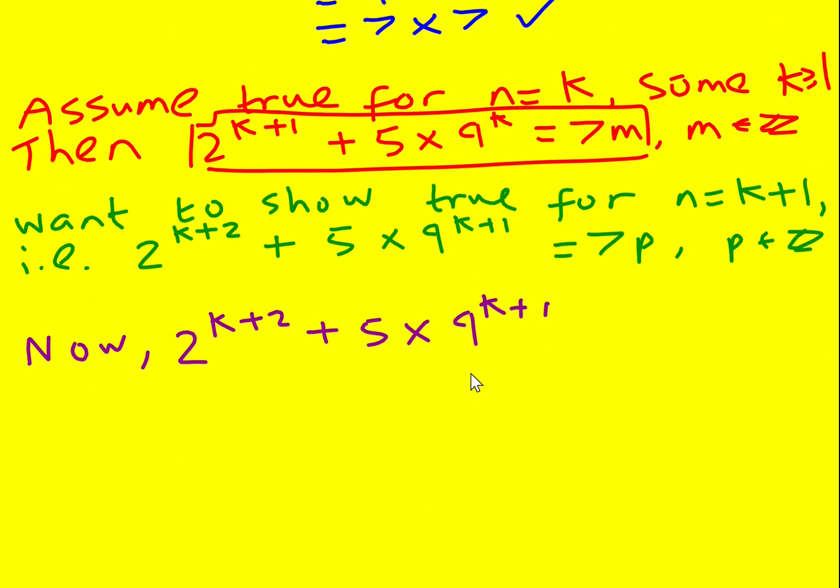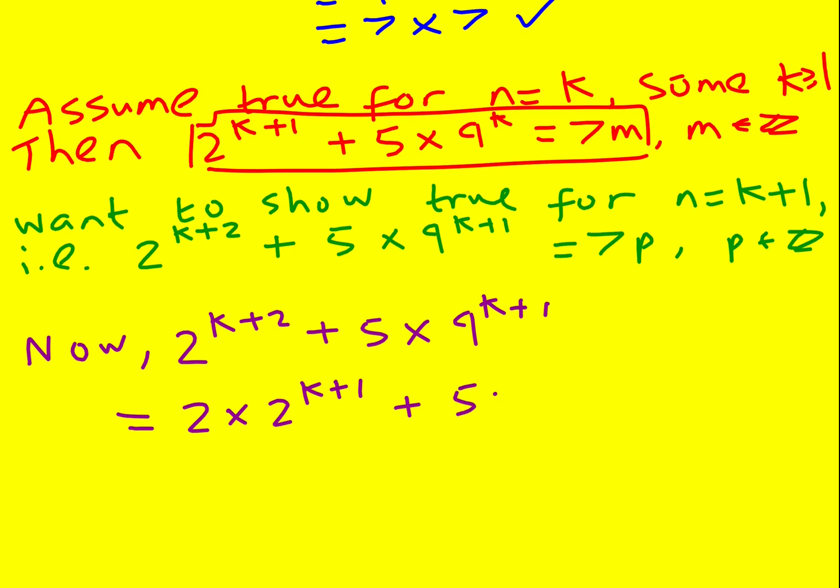Okay, the first thing to do then is try to get it in this kind of form. What I can do actually is I can write this as 2 times 2 to the k plus 1. I've basically brought the indices down, because this is 2 to the 1, so if you multiply them together you add the indices. I've just done the opposite and separated it. And then I'm going to do the same over here.